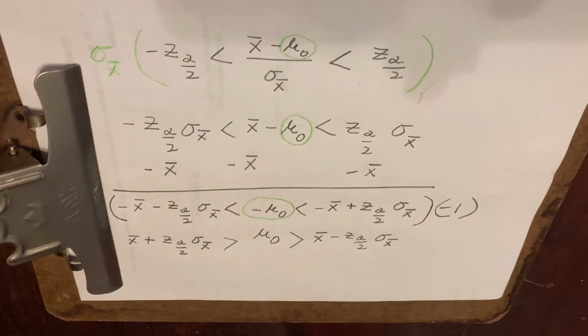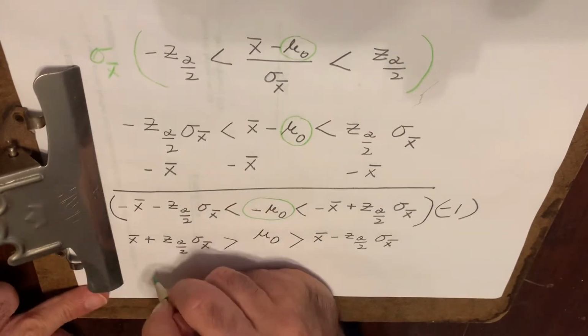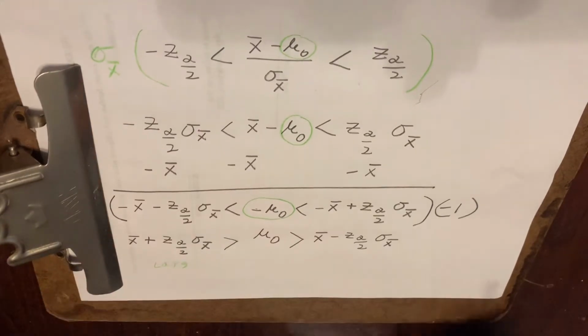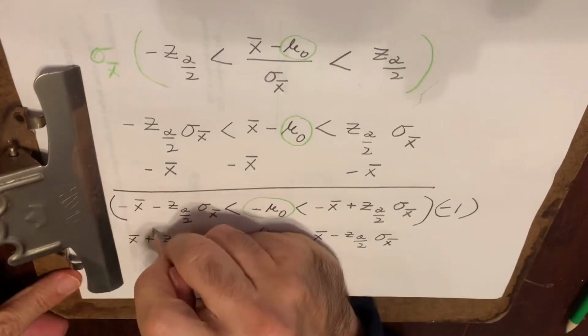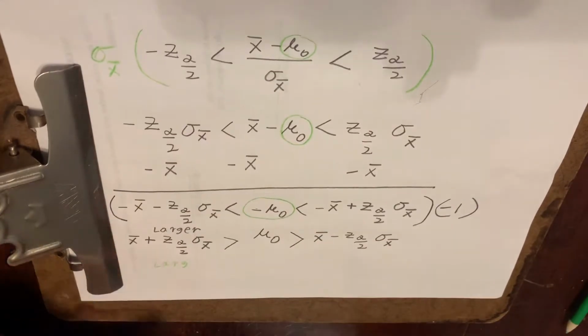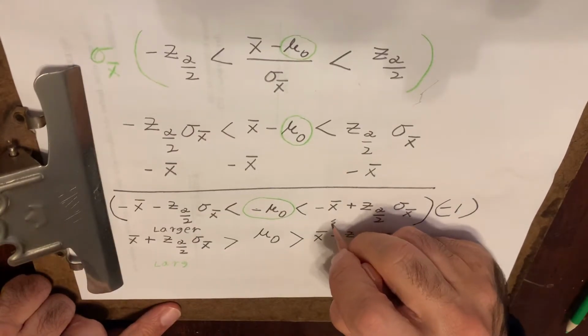So I want you to notice that this is the larger member of the inequality, and this is the smaller member.